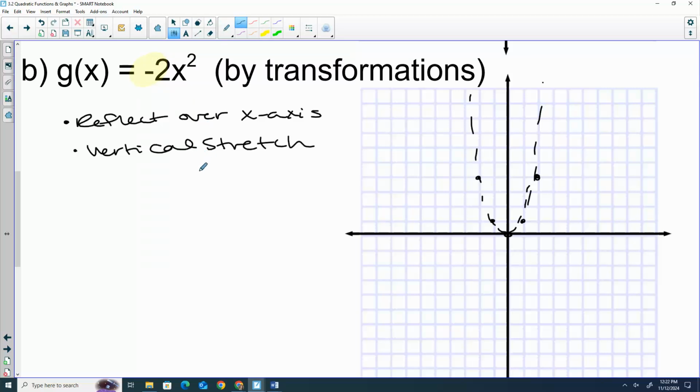Anything on the outside changes y, and it does what it says. So it's like taking my y's times negative 2. So here my y is 0 times negative 2 is still 0. Here my y is 1 times negative 2 is negative 2.